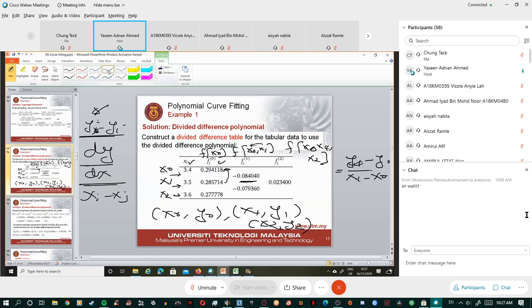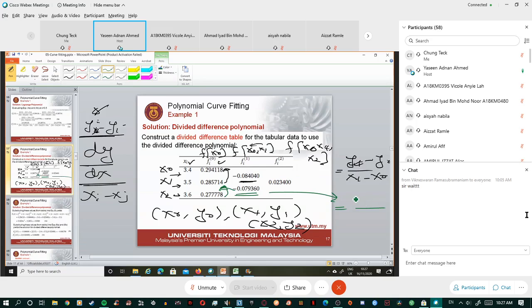Okay. So how about this one? This one will be, again, as I said, when you need to calculate these values, you have to focus here on the adjacent column. So it means this one. Again, we will do the same thing. This minus this. So just write it down.